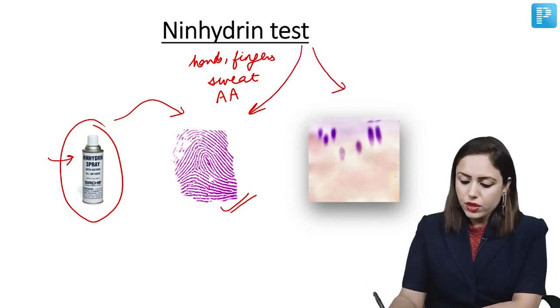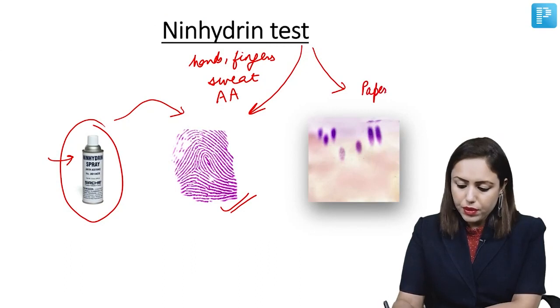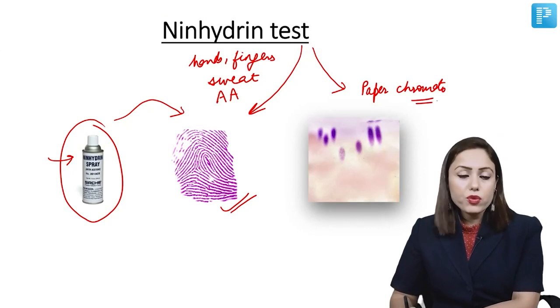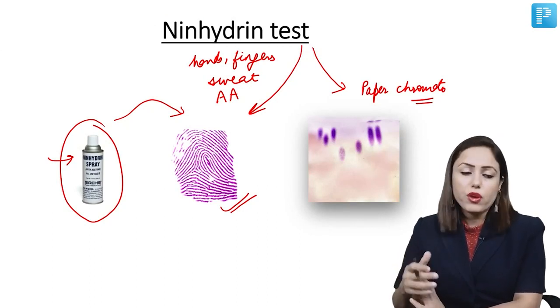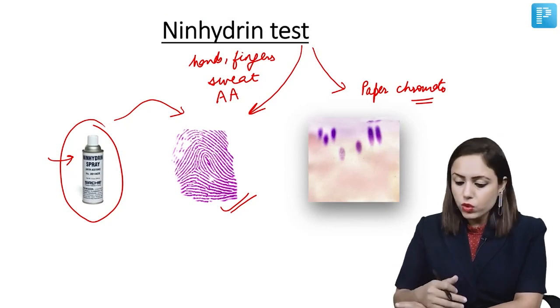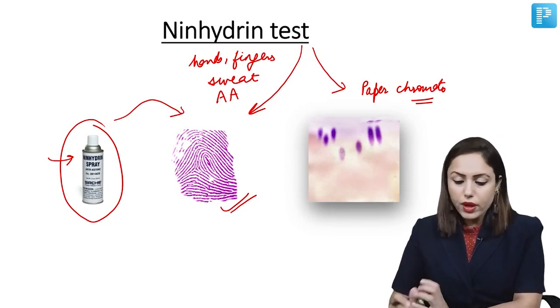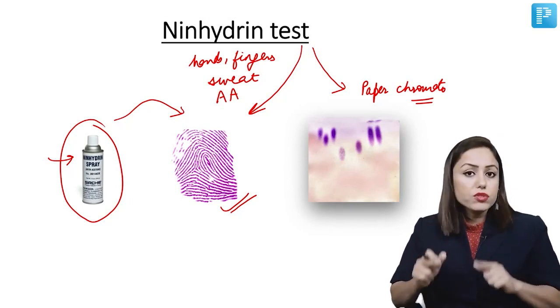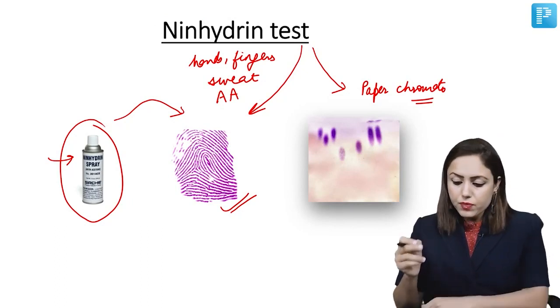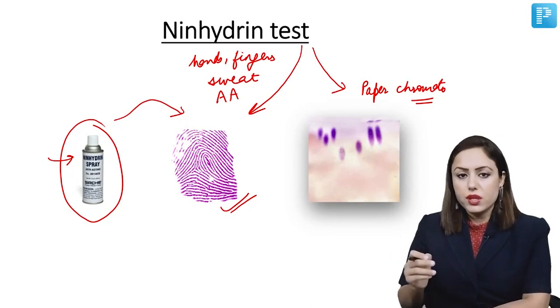Then the other use of ninhydrin test is in paper chromatography. Please watch the video on chromatography also. The principle of paper chromatography, I have clearly explained in that video. So here you can just look at this image, that a paper is there or a thin layer of silica can be there, and you can see there are purple stains.